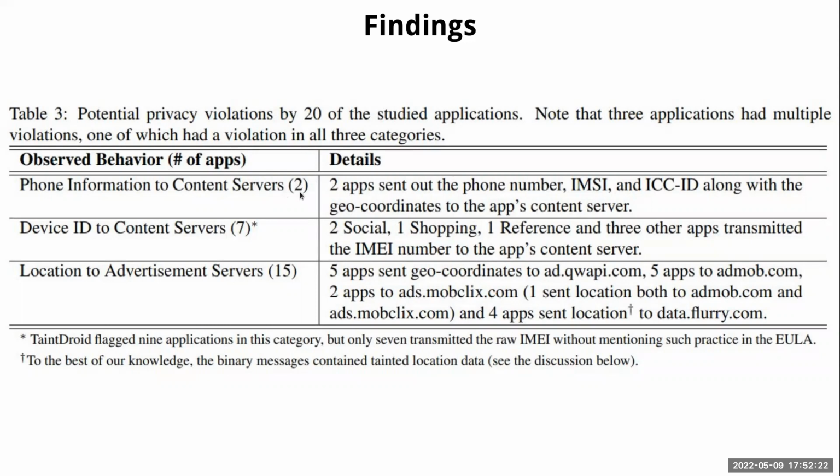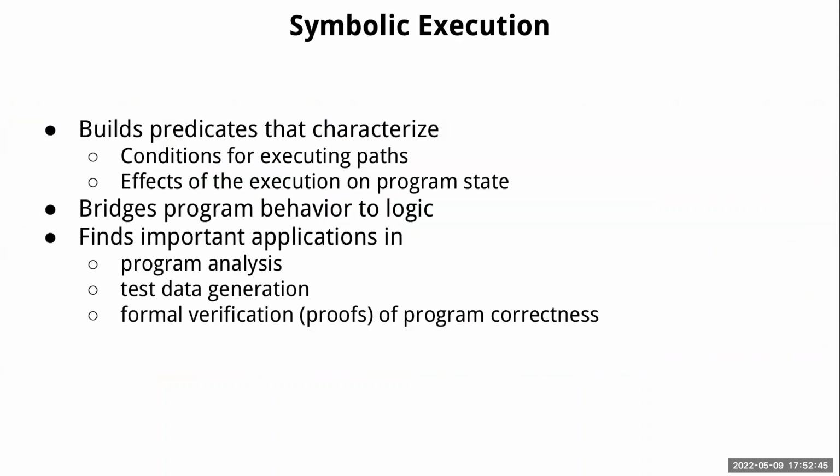They found two apps doing that. Seven apps are using the device ID to track you, and 15 are getting your location information and sending it to advertisement servers. So those are usually things the apps didn't disclose to you, but their analysis found that.